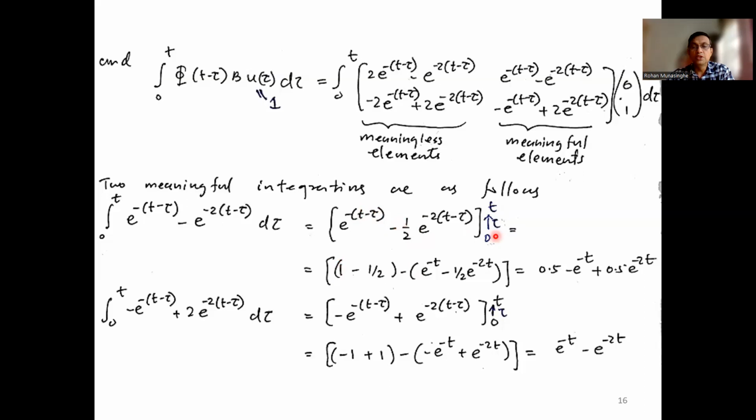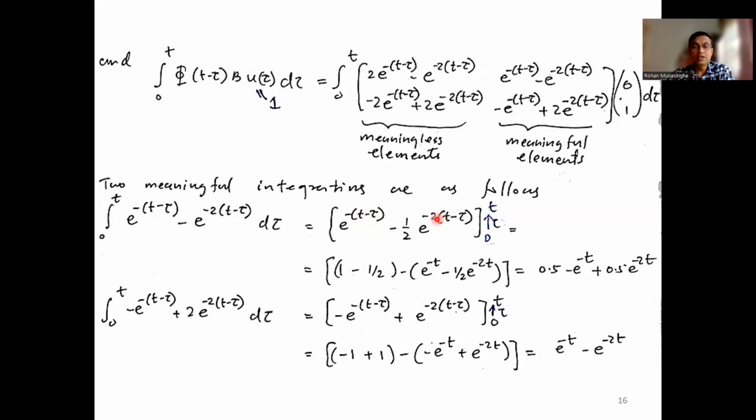And then you substitute tau equals 0. So put tau equals 0 here, so it is e to the minus t minus 0, so e to the minus t. And you can see it over here. So these two terms are coming from the first term.